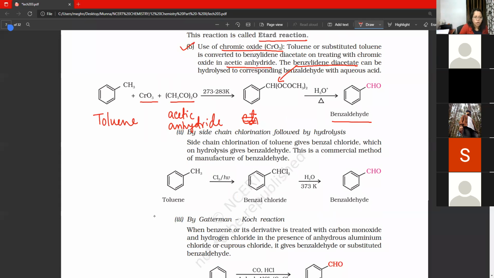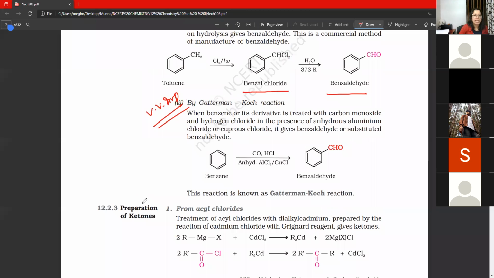Even toluene, if we treat with chlorine and bromine, it produces benzyl chloride. On hydrolysis, it gives us benzaldehyde. This is another very, very important reaction. See, these are the reactions, children. Straight away, you have to write and memorize. Benzene, when treated with carbon monoxide in presence of HCl, gives benzaldehyde. Gattermann-Koch reaction.